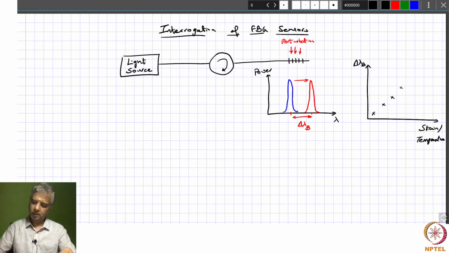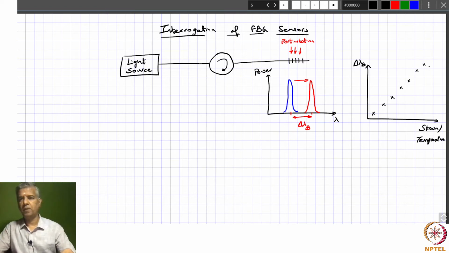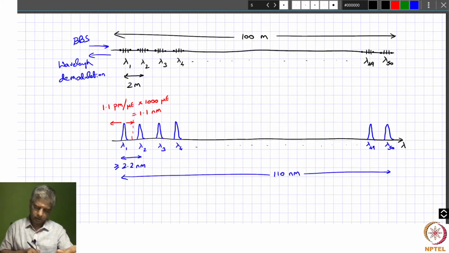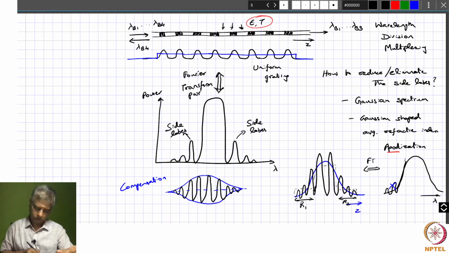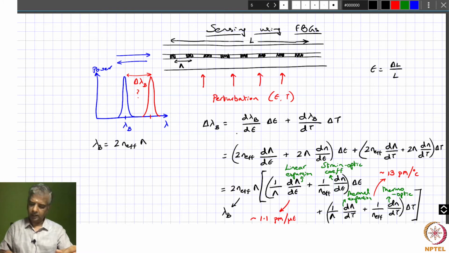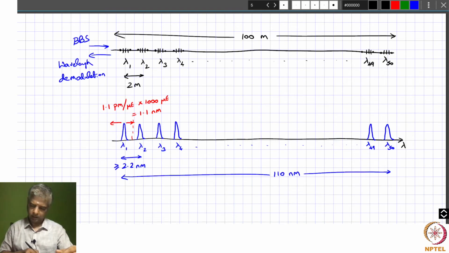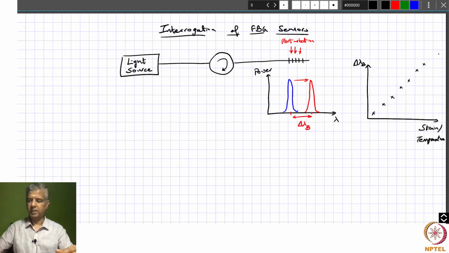This is what we were looking at in the past couple of lectures, that according to changes in strain or temperature, there is going to be a corresponding change in the Bragg wavelength, and that's what we are representing over here.